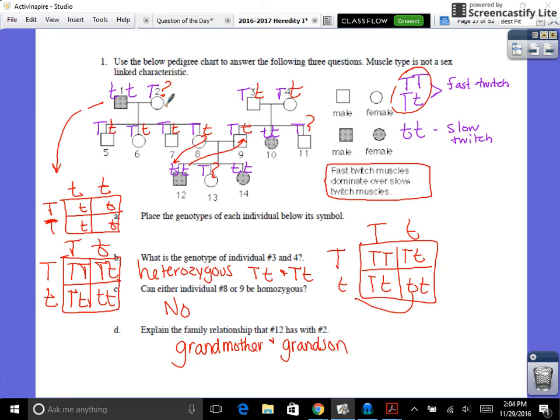If you take a look at 1 and 2, I did some Punnett squares. This is the father right here, but for the mother, we're trying to figure out if she's big T or big T little t. This one's a little tricky because all of the offspring exhibited fast twitch muscles. So it matches this kind of Punnett square here where it's a capital T, so all of the individuals are heterozygous.